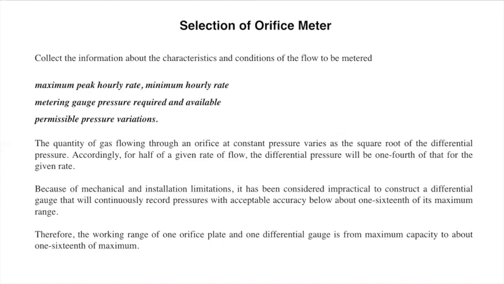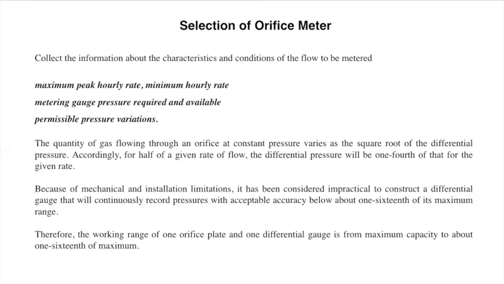Because of mechanical and installation limitations, it has been considered impractical to construct a differential gauge that will continuously record pressure with acceptable accuracy below 1/16th of its maximum range. If a given flow rate becomes 1/16th, that is the limit for selecting the orifice meter.